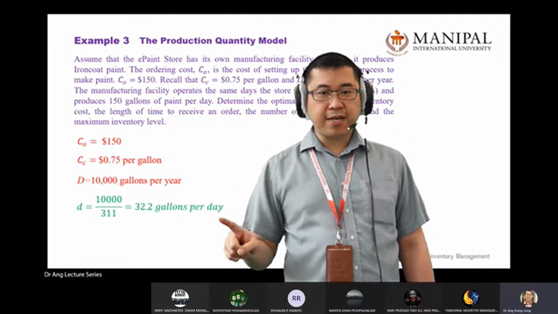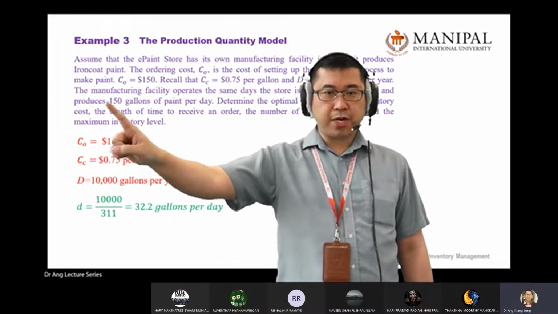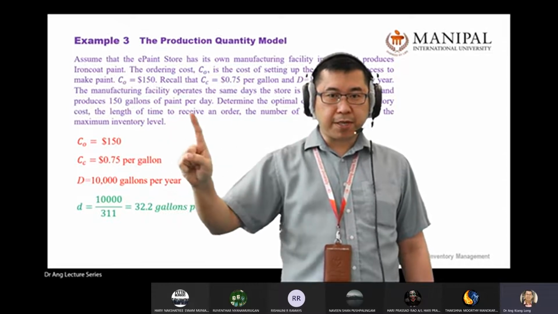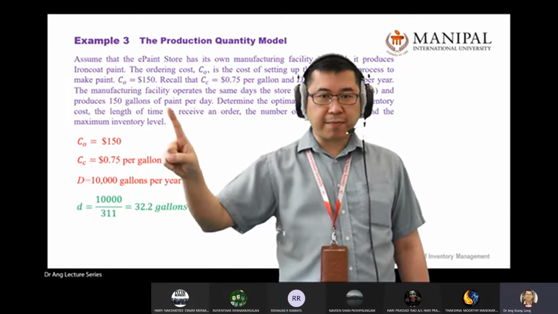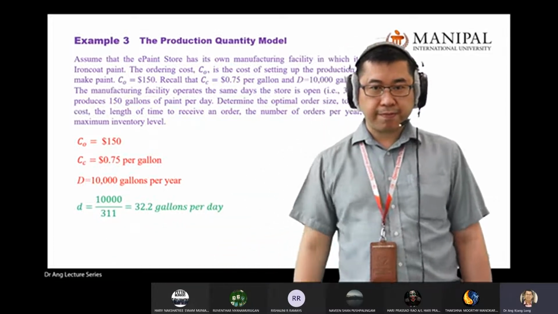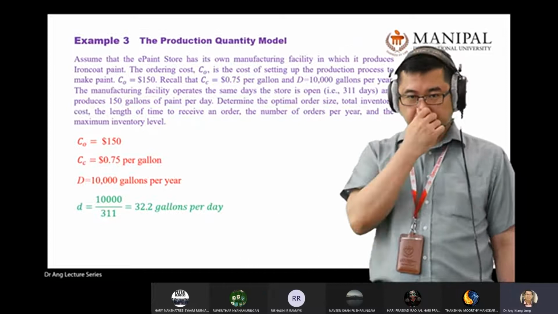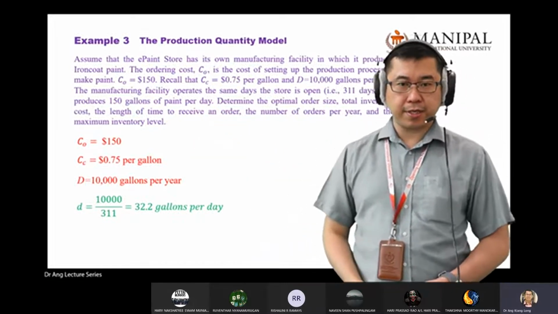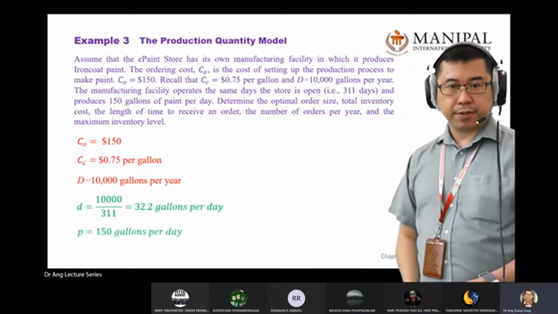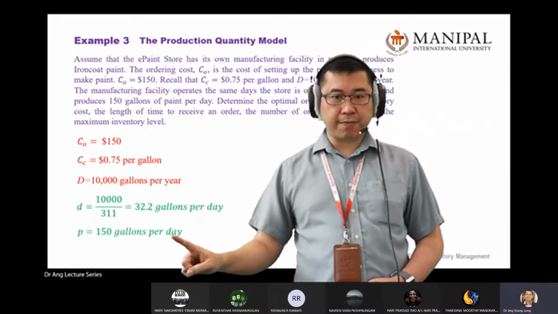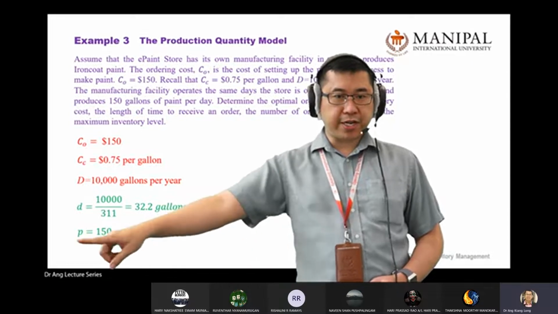Why per day here? Because your production rate P is given per day, 150 gallon paint per day. That's why you need to find the small d. Okay, you need to match up the units that you use in the equation. P again is 150 gallon per day. So actually you have a ratio over here.